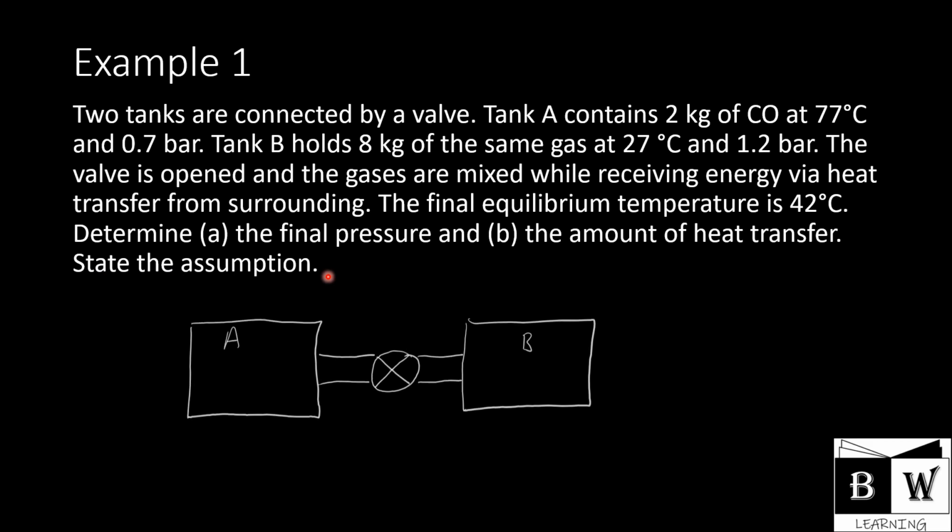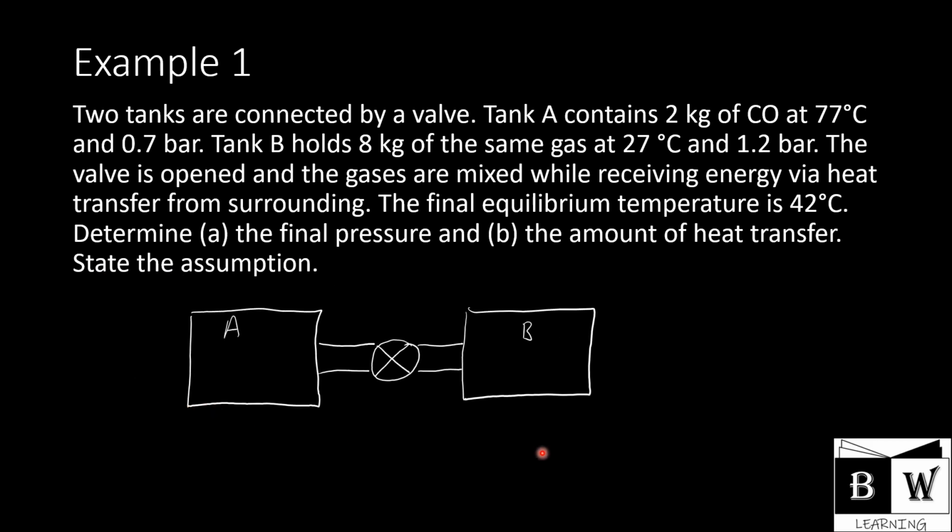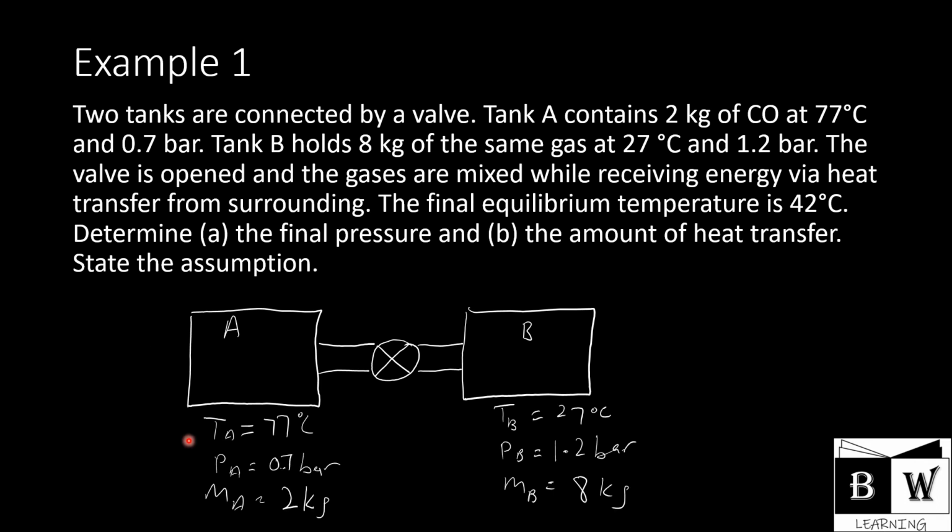So this diagram shows your system, where tank A has a temperature of 77 degrees Celsius, 0.7 bar pressure, and 2 kilogram mass. Tank B will have 27 degrees Celsius, 1.2 bar pressure, and 8 kilogram of mass.